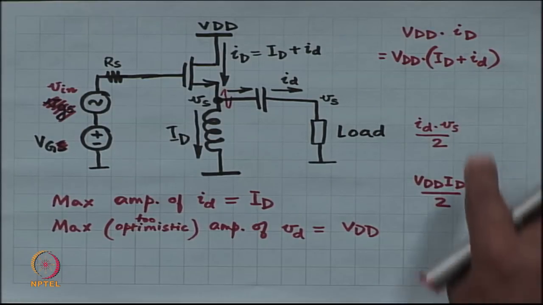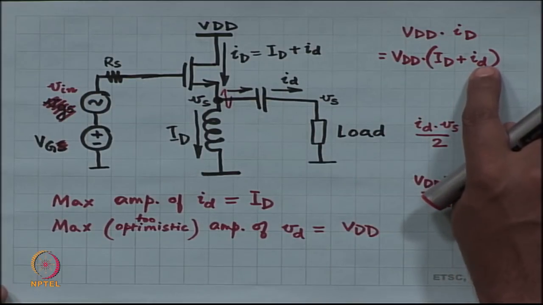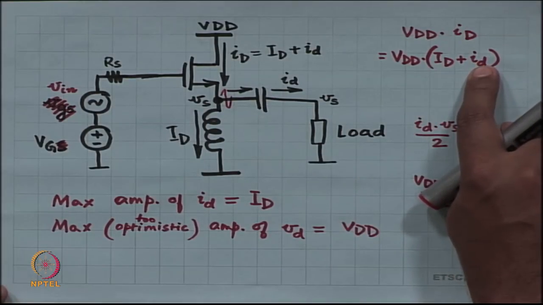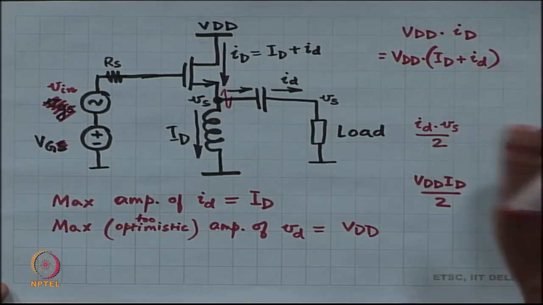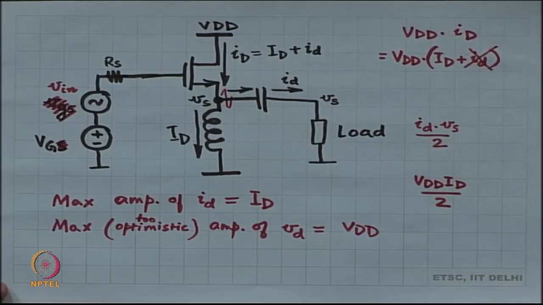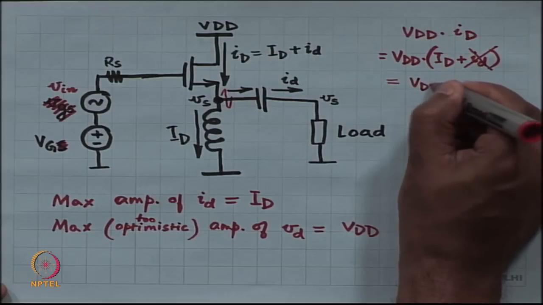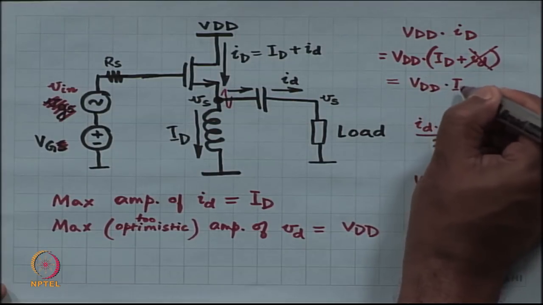Small i_d is nothing but capital I_D cos or sin omega t, and then the integral of sine from 0 to 2 pi is going to be a big 0. So, this is not really going to give you any contribution. You can do the integral, all you will get is 0.